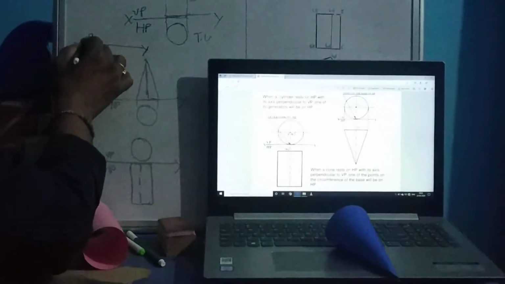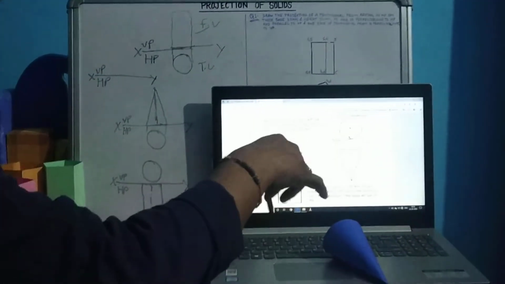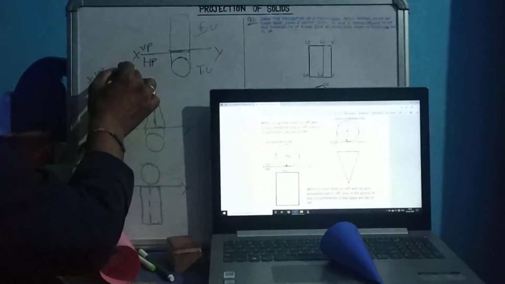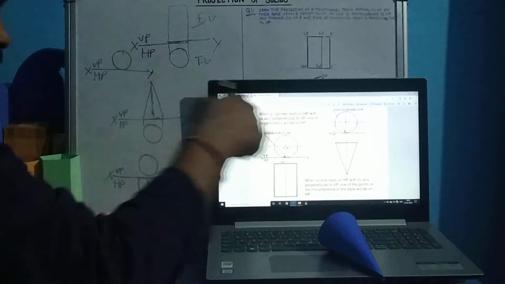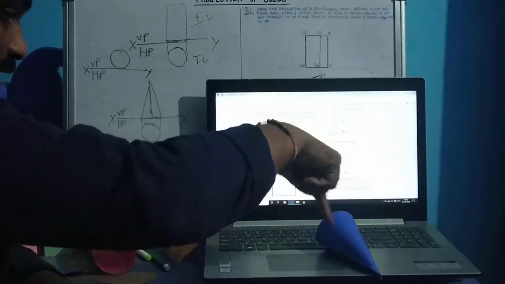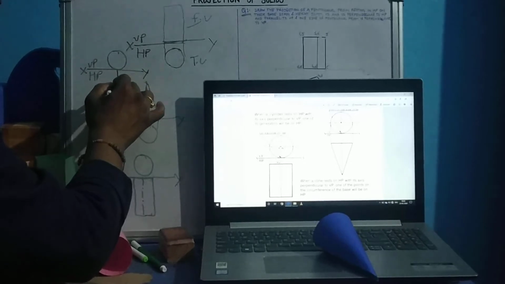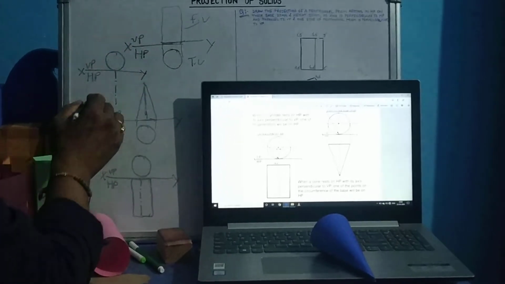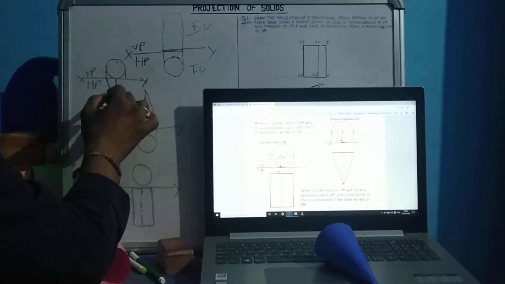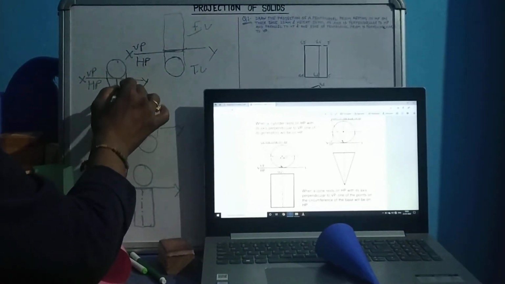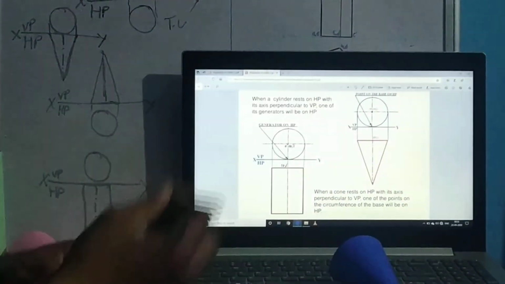This is our VP plane, this is our HP plane. Whatever the circle radius or diameter is given, draw that circle here. After that, whatever the axis length is given, draw that axis length here, draw the projection line here, and from here to here you can draw. This is what is drawn here.